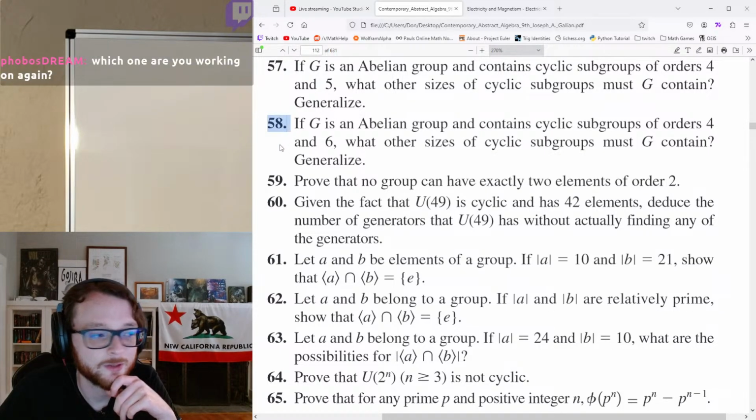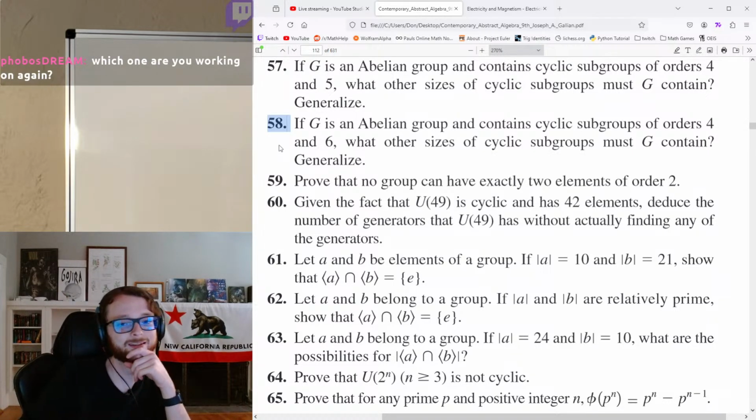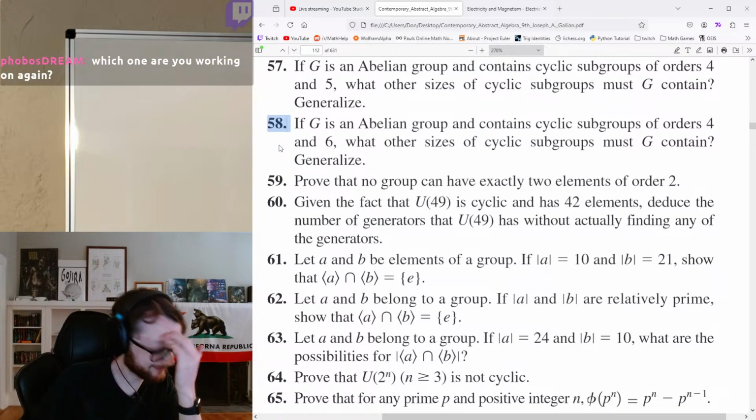I don't know. I should really have a better way to emphasize which one I'm actually working on. I might say 2 and 3 because they're factors of 4 and 6, but I don't really know. I'm having a hard time thinking now.